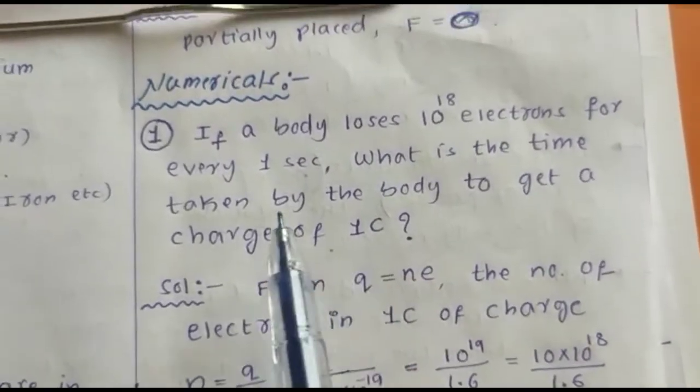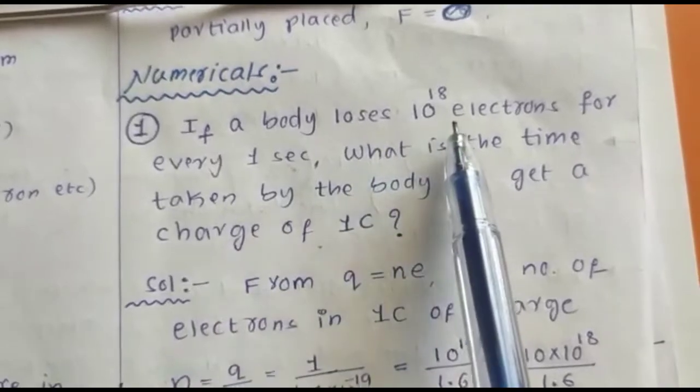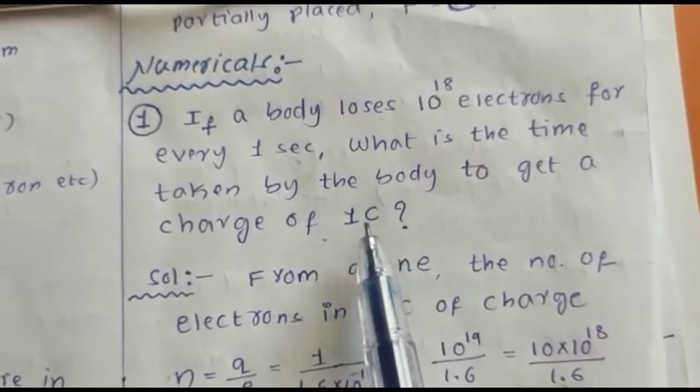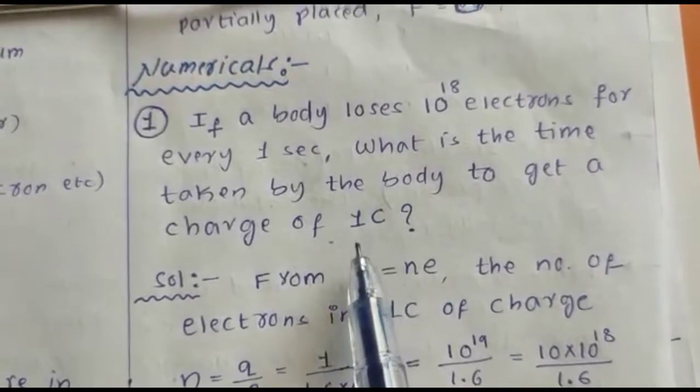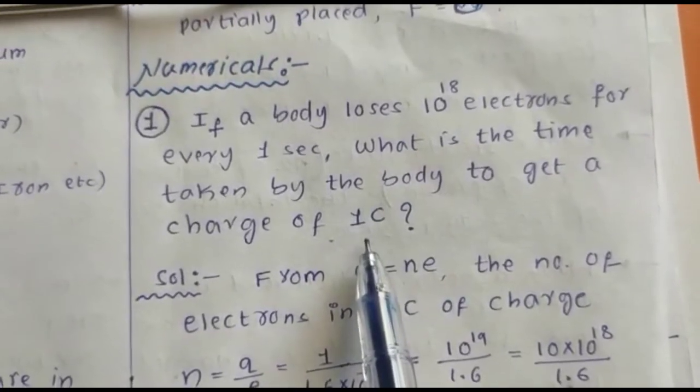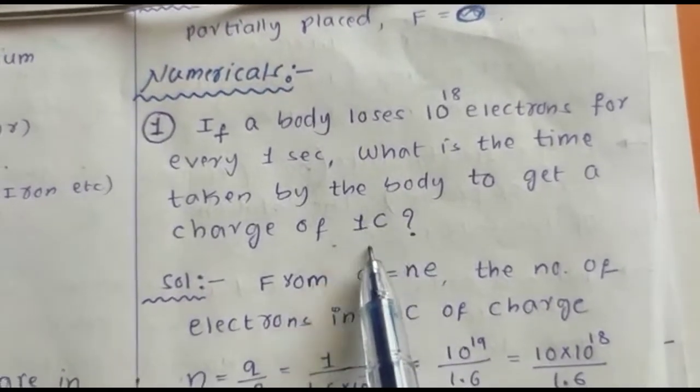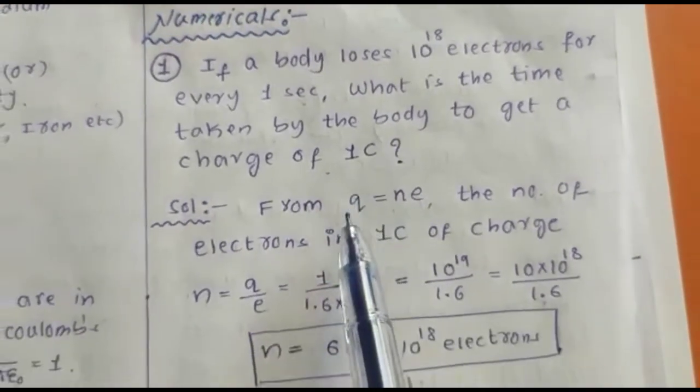Here the 1 second is given in terms of the number of electrons, so the time also should be taken in terms of the number of electrons, but they have not given the number of electrons contained in 1 coulomb. Our duty is to find the number of electrons present in 1 coulomb of charge.